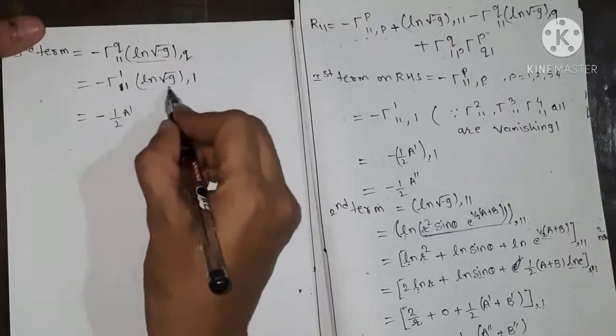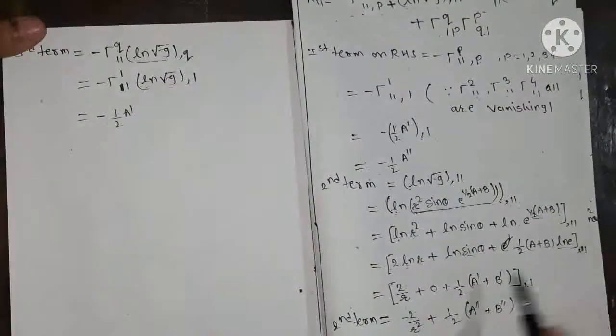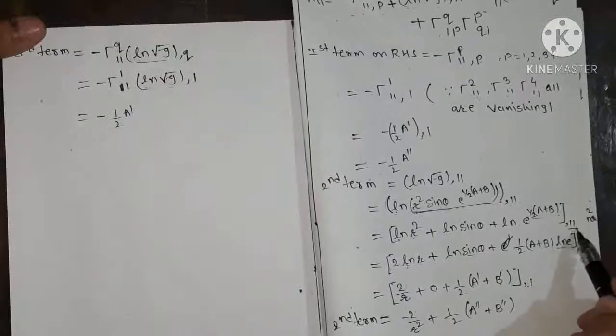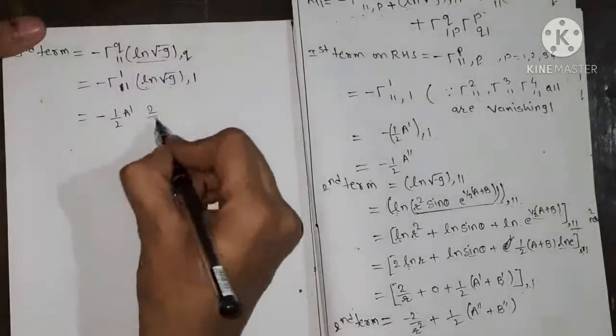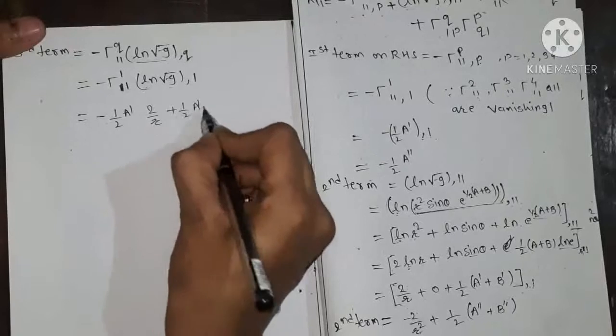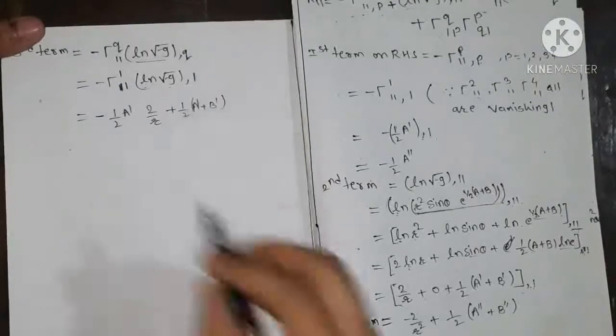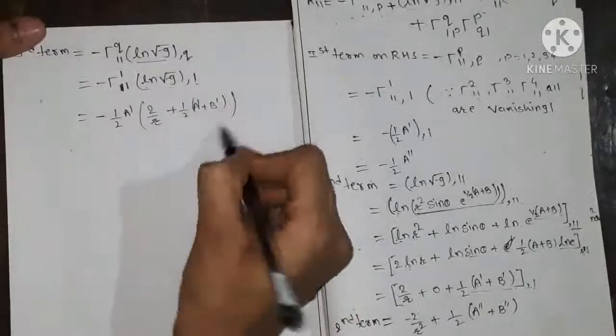And the value of log of under root of minus g comma 1, we do not have to write again because we have computed it here: comma 1, as double 1 is there, that is double derivative is here. So we have computed the single derivative as this term. So this is equal to 2 upon r plus 1 upon 2 a dash plus b dash, right? So this term is here and this is comma 1 equal to this term.